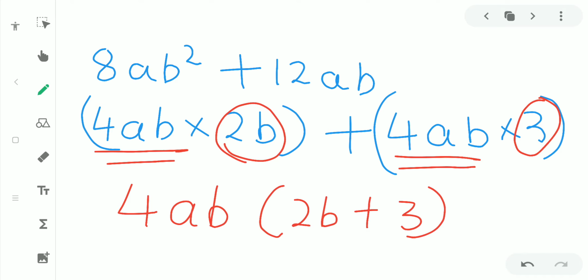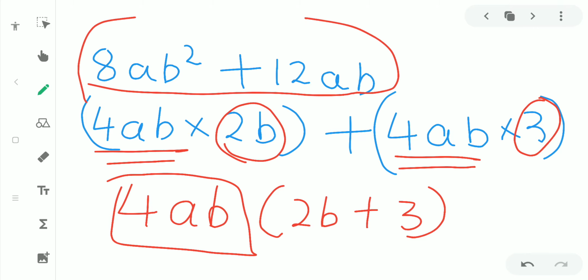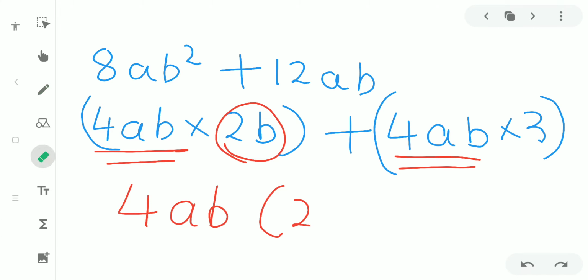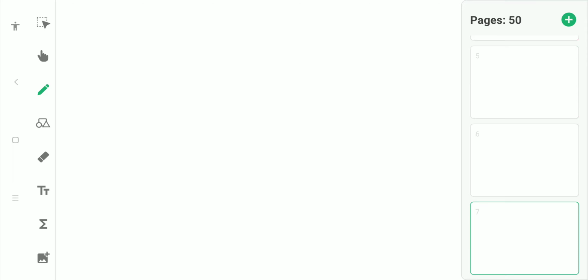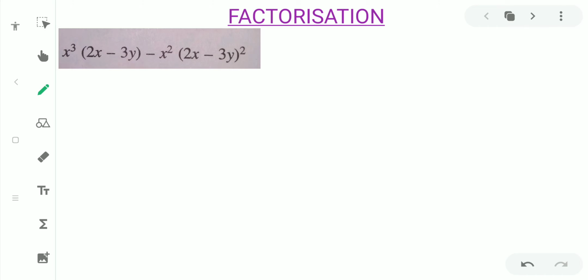So this will be the factorization. These are the factors of this expression, and each individual one is a factor of the expression. Now let us solve some examples to make the idea clearer.